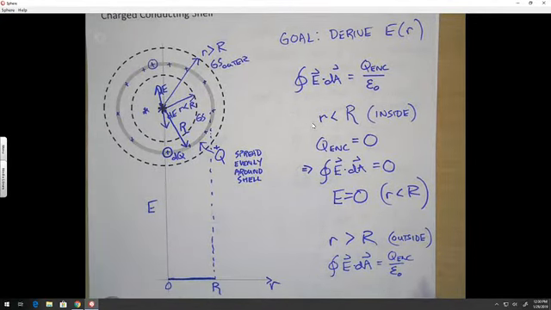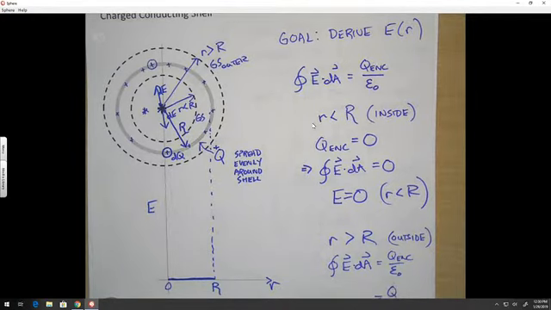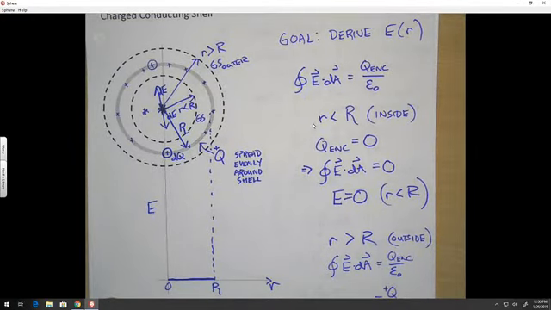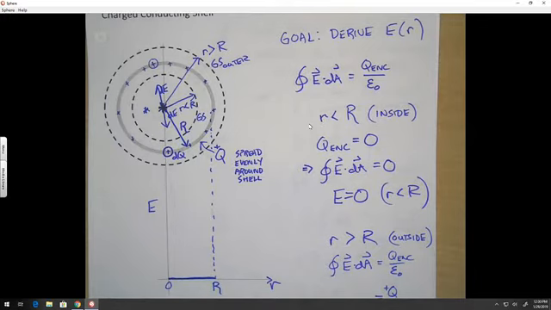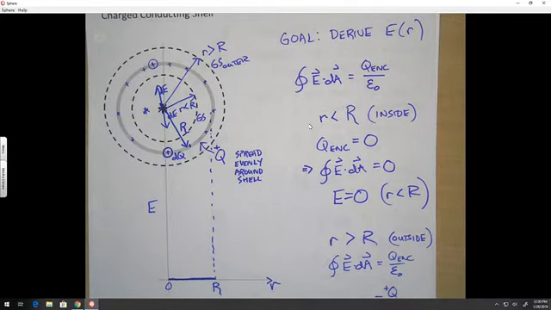So what I just end up with here is this is just equal to Q over epsilon. In other words, it includes everything. And then the other side of my integral becomes what it was before.